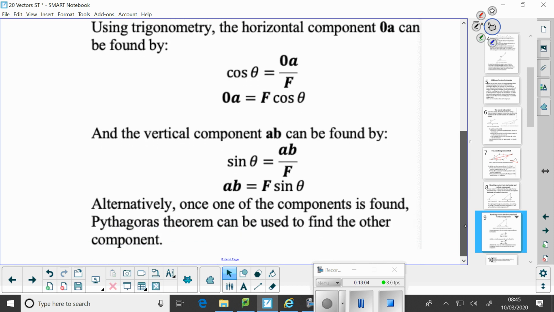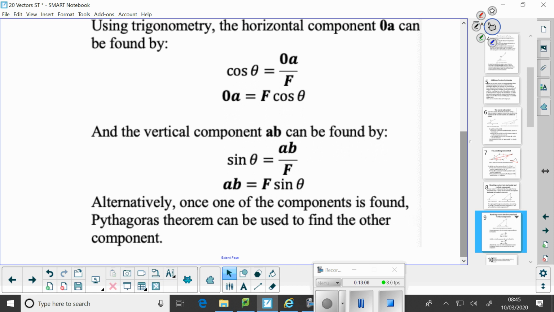Alternatively, once we've found one of the two components, we could use Pythagoras' theorem to find the other one. So there's an alternative there, or there's a check. And where there's two methods, it's always useful remembering that one is a check of the other.